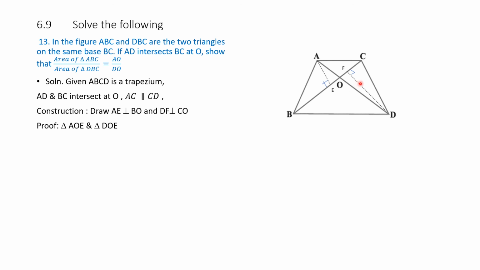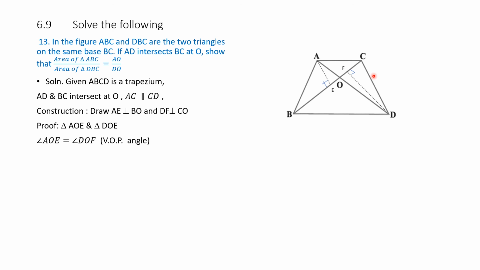Similarly, draw DF perpendicular to OC. Therefore, this angle is also 90 degrees. Please note this sign is 90 degrees. While copying the figure, draw a perfect right angle here. Don't show any cross intersection and all that. A perfect 90 degrees to be drawn.